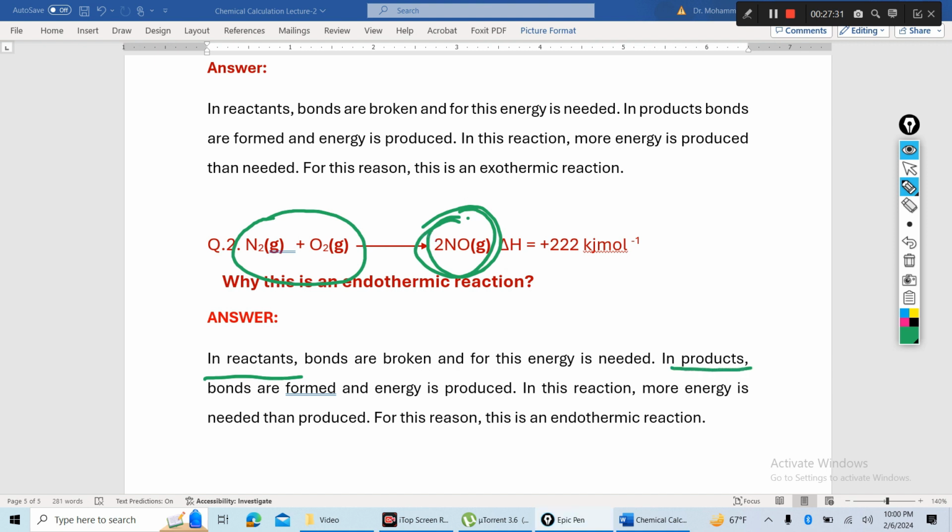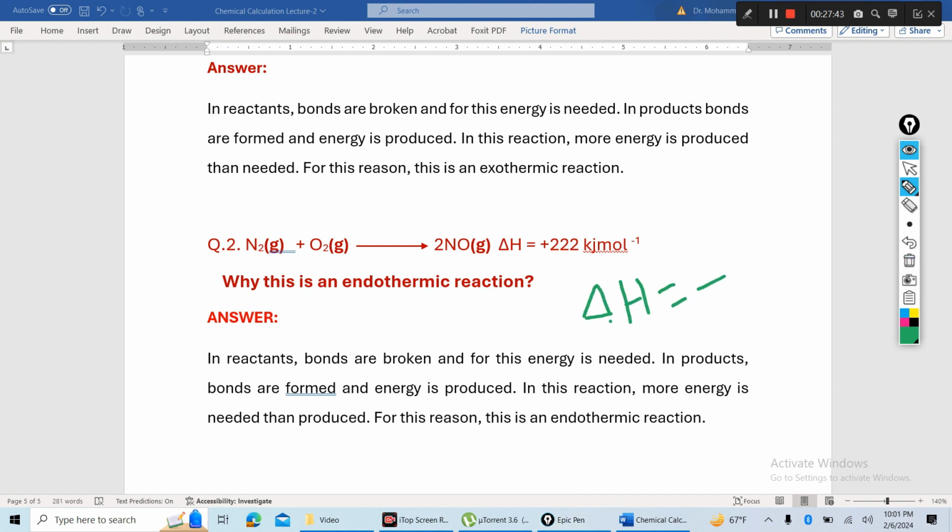In products, bonds are formed and energy is produced. But this is endo. I mean, endo means energy is needed. Delta H is positive. So why endo?